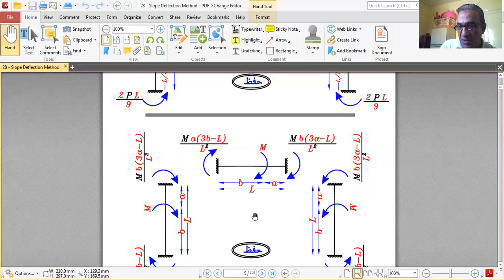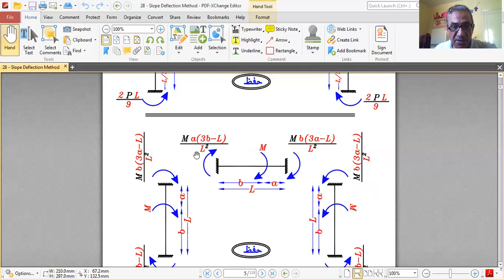They all rotate in the same direction. So M at A and B, A from the right, B from the left, A from the top, B from the bottom. The fixed end moment closer to A is M B, 3A minus L, over L squared.